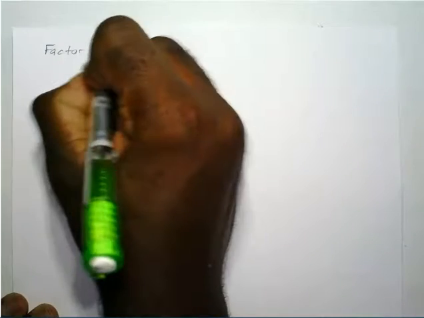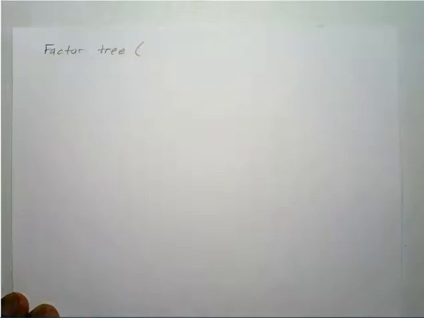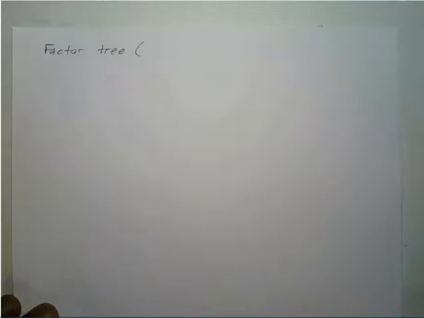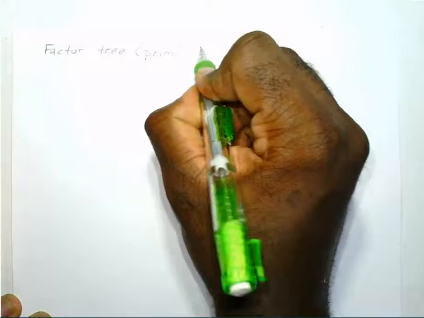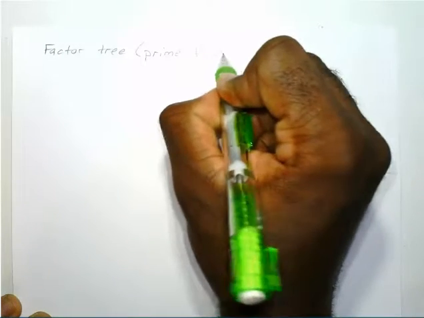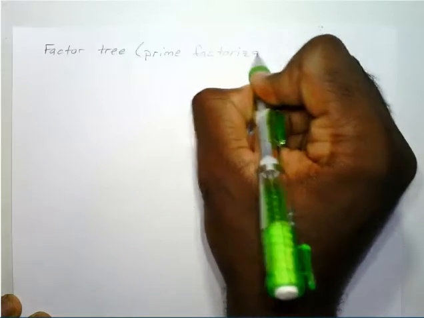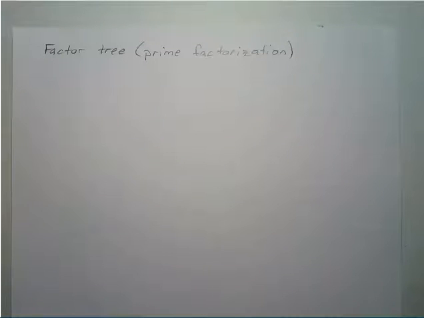Let's see your factor tree, which is also known as prime factorization. I'll give you an example of how to create the quote-unquote factor tree.